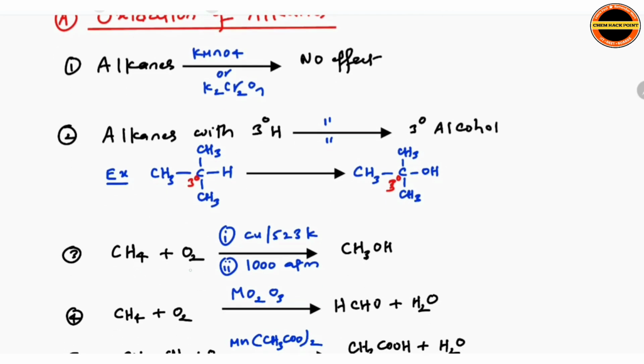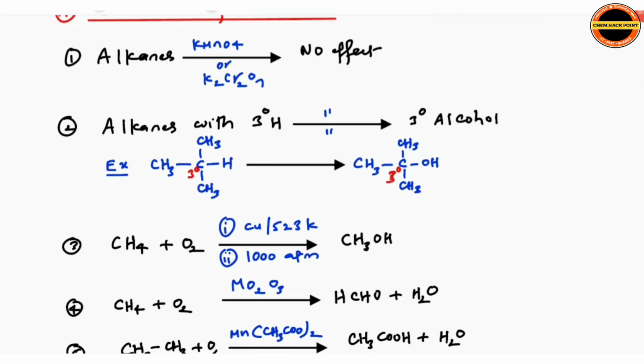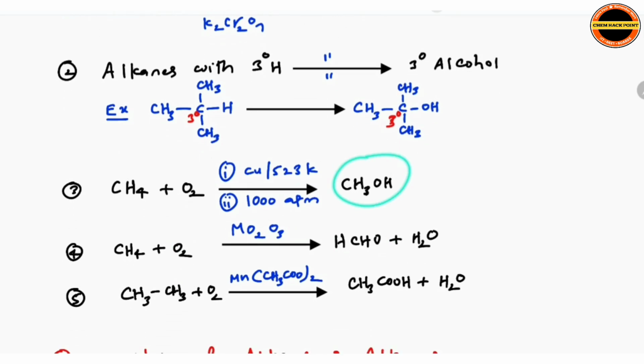Next, CH4 plus O2 in presence of copper, 523 Kelvin, 1000 atm. Here methanol is formed. CH4 plus O2 giving CH3OH, methanol. If it is reacting in presence of molybdenum oxide, it forms formaldehyde.